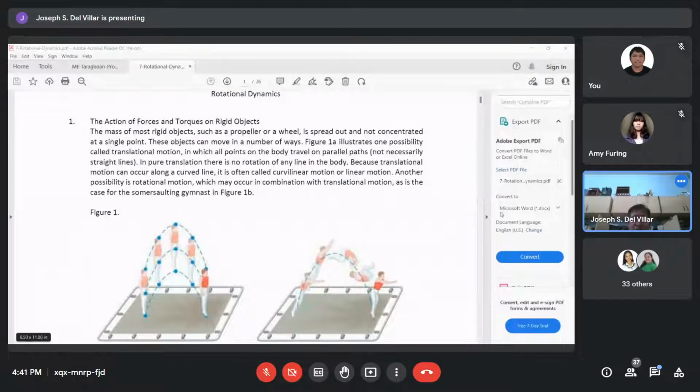Okay? Torque na lang. So 10 na, di ba? 10 yung laman ng portfolio plus yung final exam sa Monday.